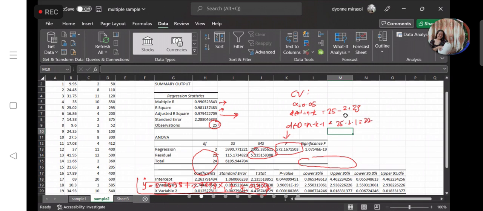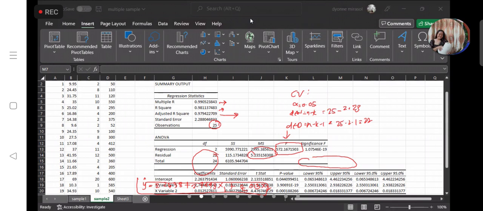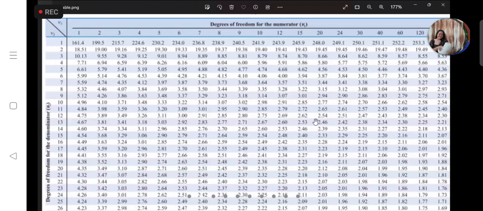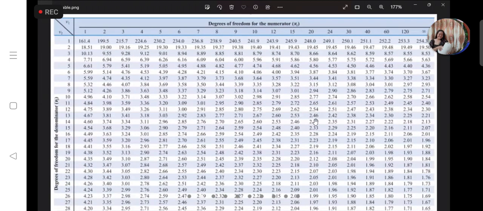So referring to our F table, we don't have 23, only 24 is available. Let's use 24, and our denominator is 22.